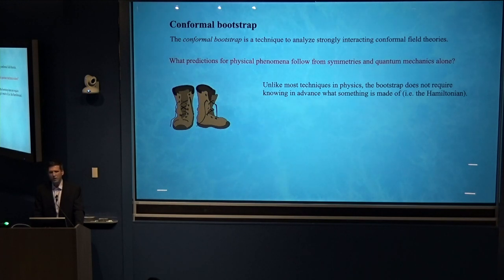You don't start out by saying what it's made of and then solving it the way we ordinarily solve physics problems. It's an opposite approach where you just say what the symmetries are, and you invoke quantum mechanics and relativity and the symmetries, and maybe some other input. For example, we're going to use input later that there are black holes in the theory, but that's it.